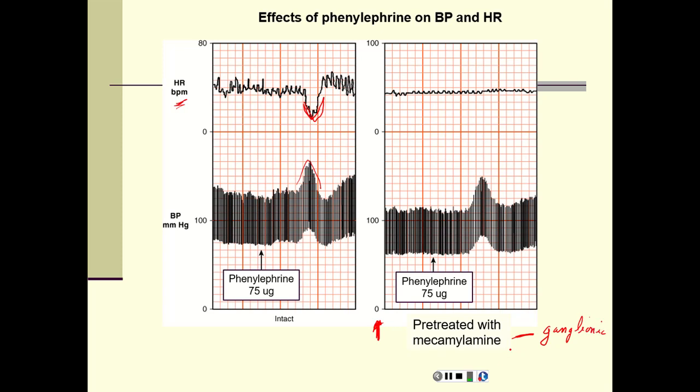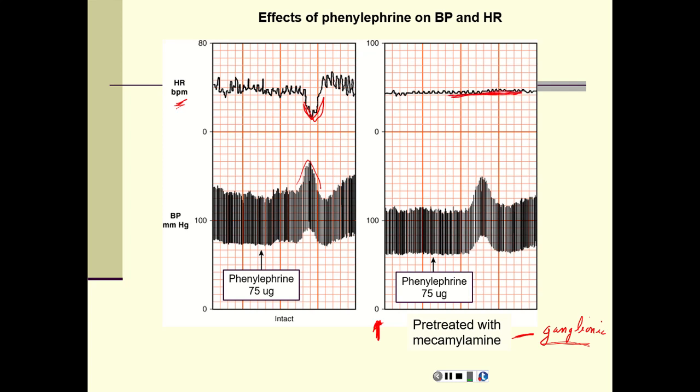So this mecamylamine is essentially shutting off any autonomic nervous system reflex response that would have occurred, because that reflex response comes from the brain through the parasympathetic neurons into the ganglia, where acetylcholine is released onto nicotinic receptors, causing the postganglionic neuron to then develop action potentials to carry down to the organ. And this drug blocks neurotransmission at the ganglia, and it also blocked the change in heart rate.